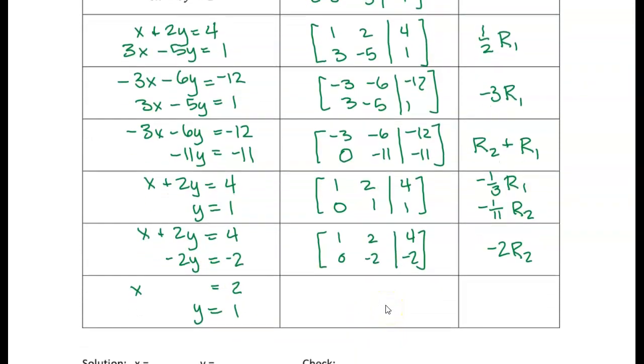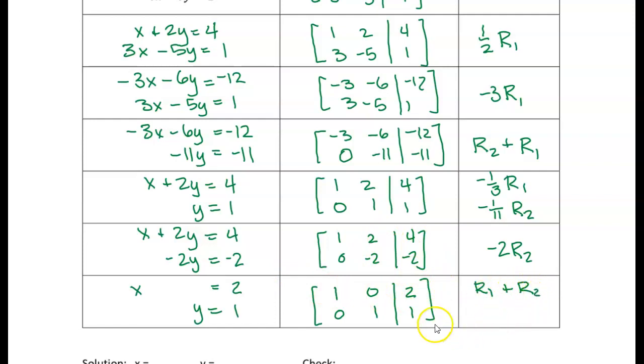All right. Now, finally, our last equation looks like this. We only have the x term, so we have 1 times x, and the y coefficient is 0 because we don't have a y term. And then we have 2, and then in the second equation we don't have an x term, but we have a y term, so 1 times y, and then 1. Okay, so there's our augmented matrix. And what did I do? I just took row 1 and I added row 2 from the previous augmented matrix.